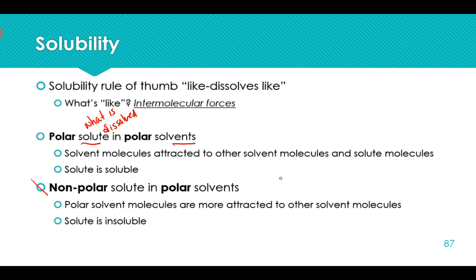And so, similarly, if we had a polar solute in a non-polar solvent, that would also not dissolve. So we have to have either polar with polar or non-polar with non-polar in order to make that dissolve.